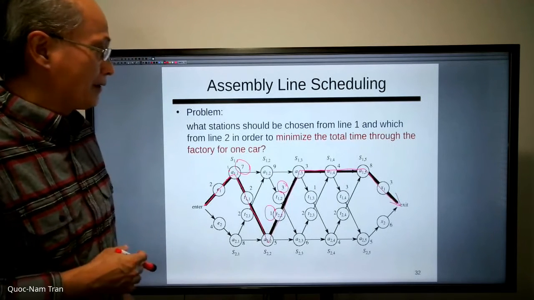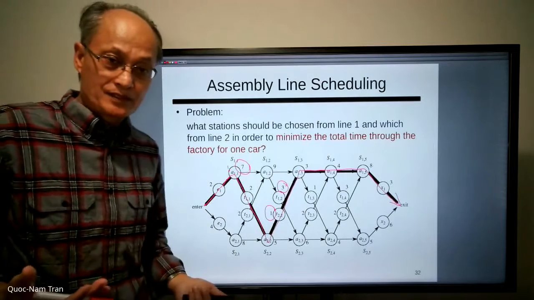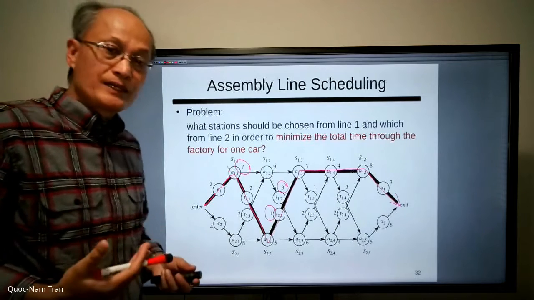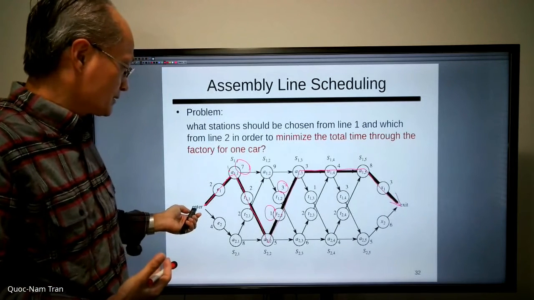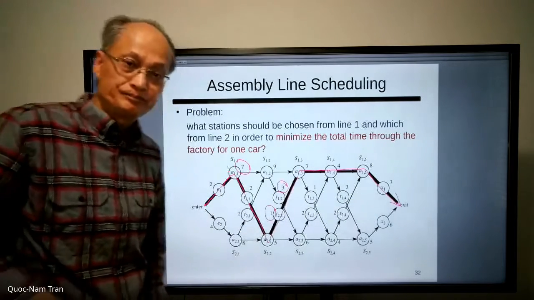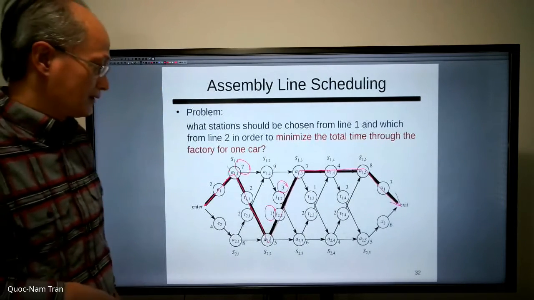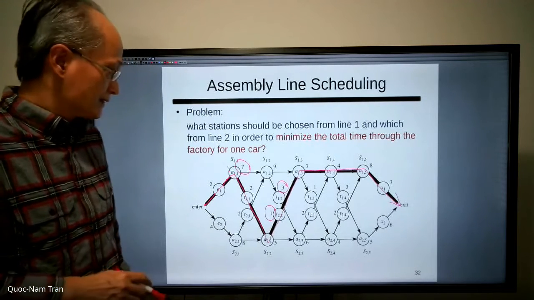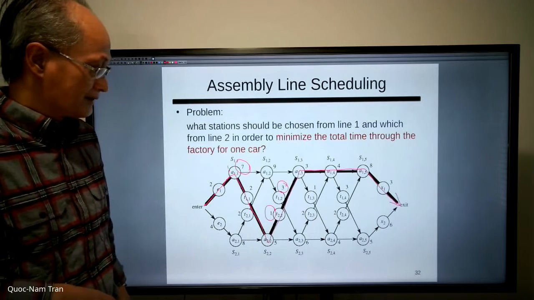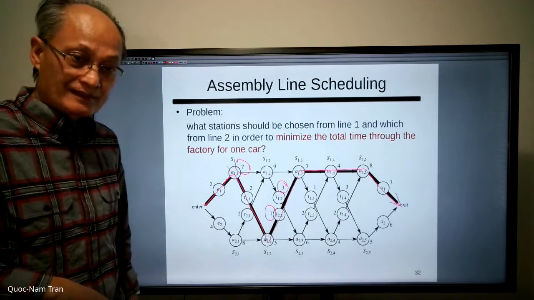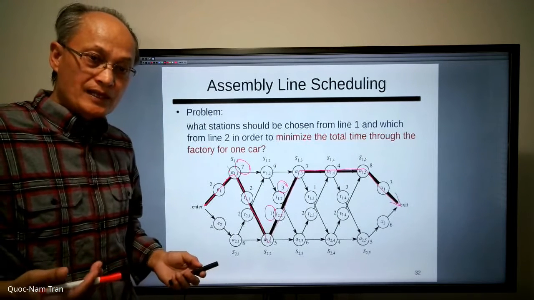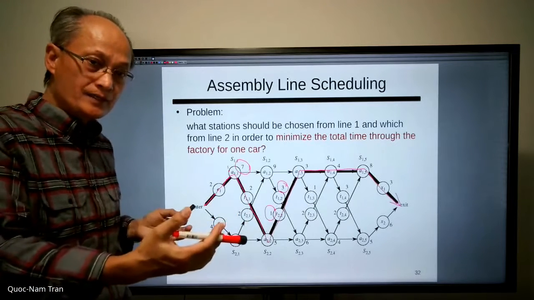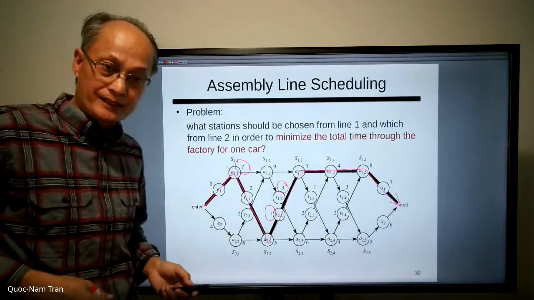Now, how about exhaustive search? If we want to try every possibility to find what would be the shortest path from here to here. So one way we can do is, why not try to formulate the problem in a way so that we can try all possibilities, right?